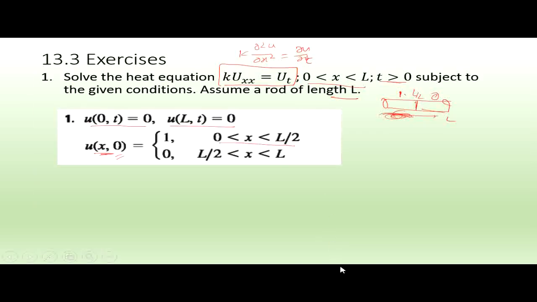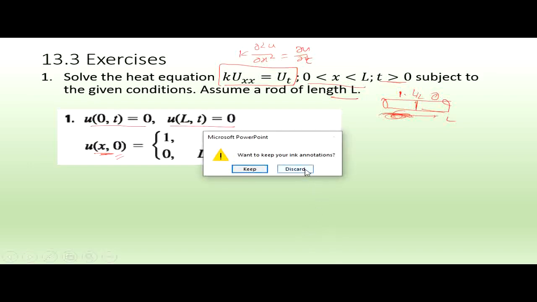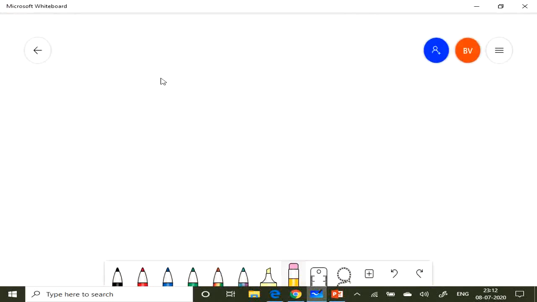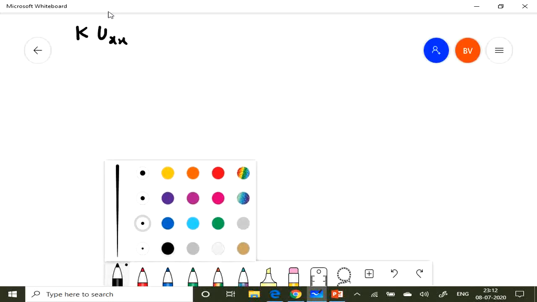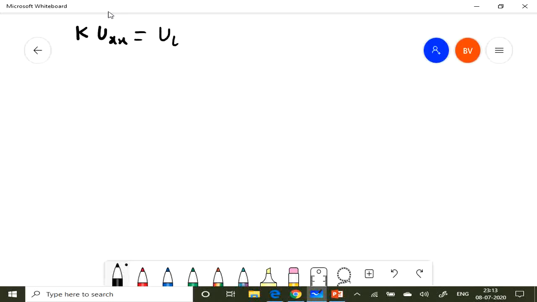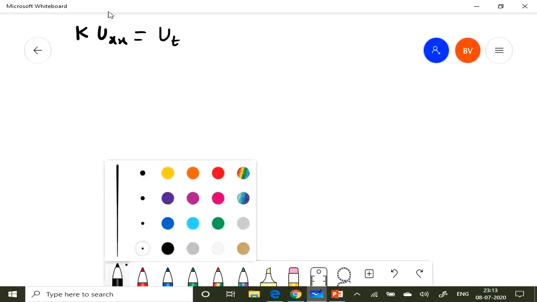Solution is given here. Let's take a white page and then we'll solve it. It is a very big problem, so we need a lot of space. The problem, writing it again: k times u_xx is equal to u_t. This is the given problem.